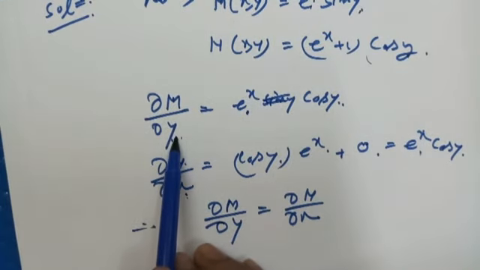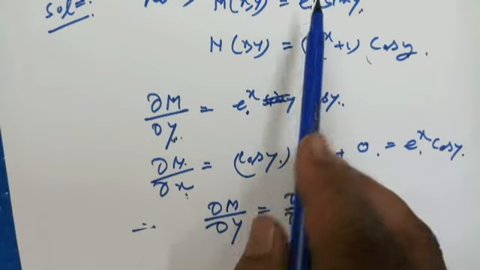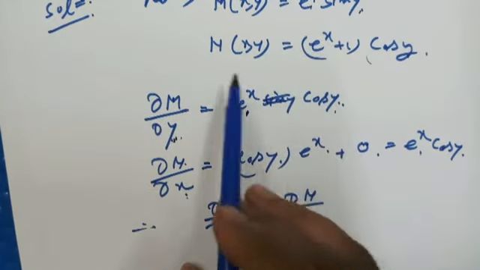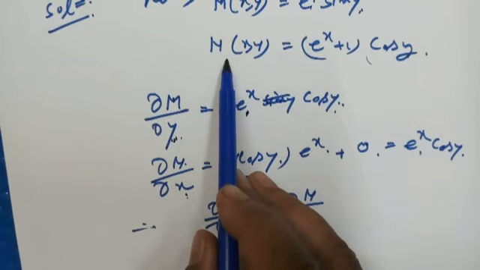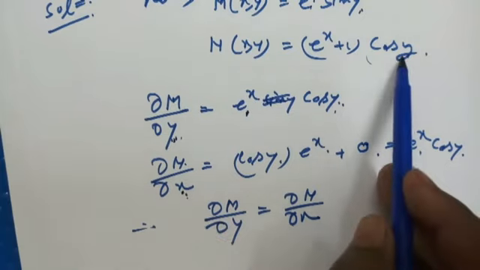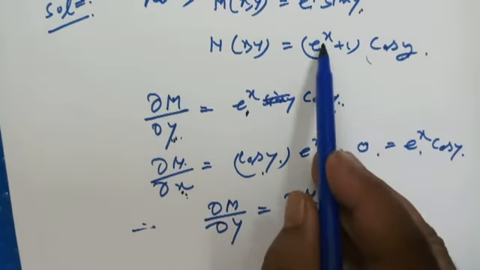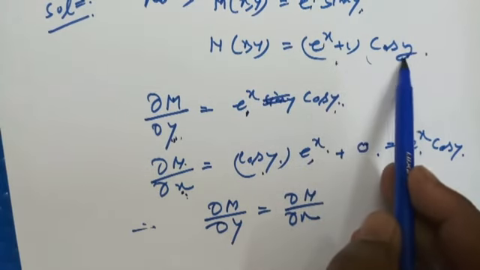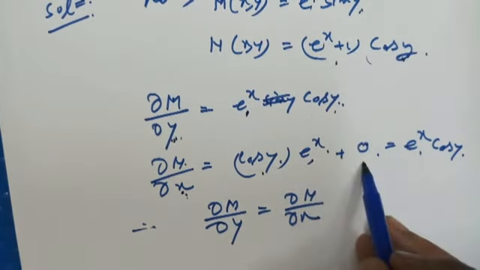Del m upon del y means the partial derivative of m with respect to y, x as constant. So e power x is constant as it is, and the derivative of sin y is cos y. And for n, the partial derivative with respect to x, x is variable and y is constant, so cos y is constant as it is, the derivative of e power x is e power x, and the derivative of the constant cos y is 0.